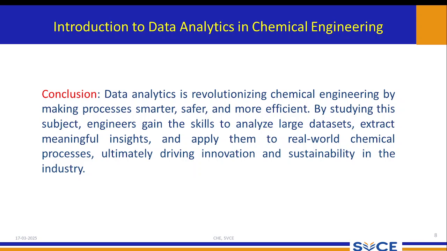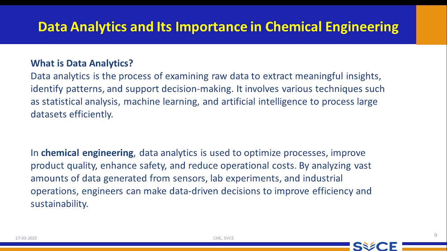Coming to the conclusion of data analytics, data analytics is revolutionary in chemical engineering by making processes smarter, safer, and more efficient. This we have already seen. So we will go to what is data analytics. We have defined the term: it is a process of examining raw data to extract meaningful insights.